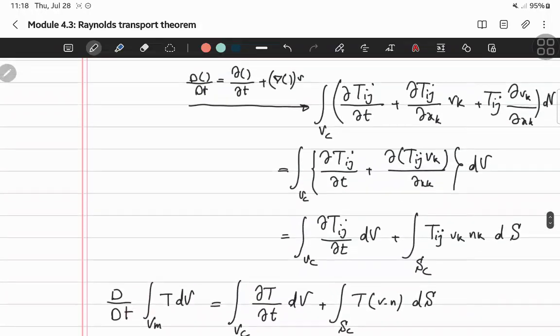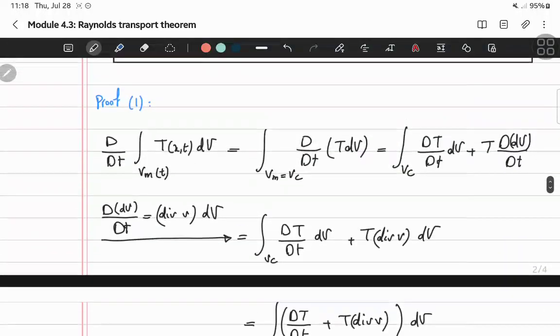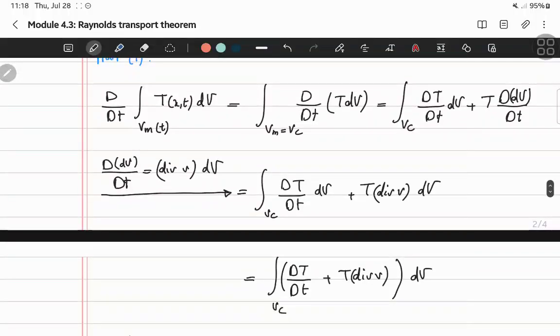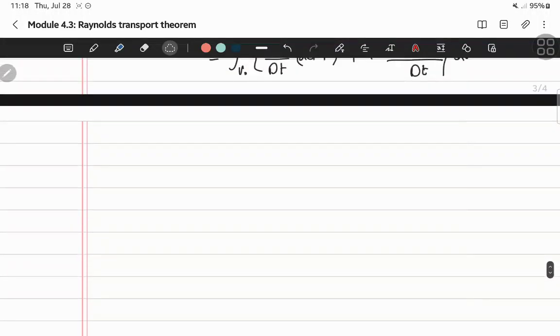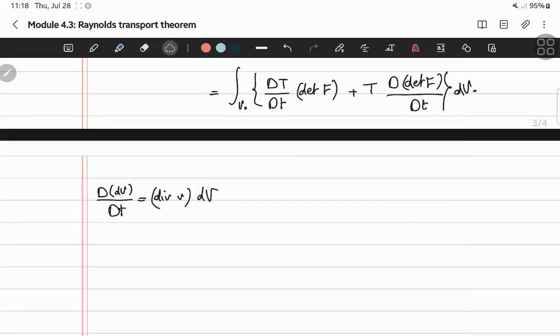We already had one important equation here, this one. I'm going to copy and paste this in here. And we also had another equation where dV was equal to the determinant of F dV0.